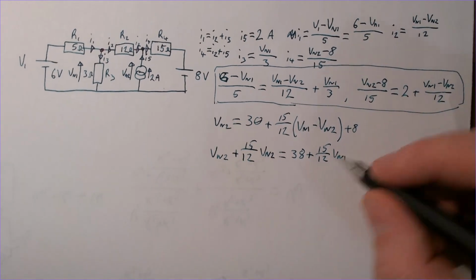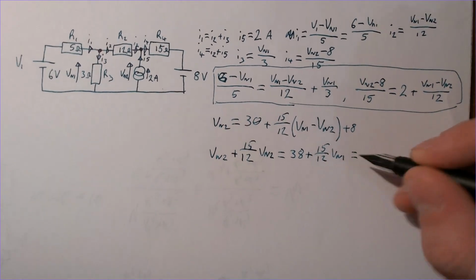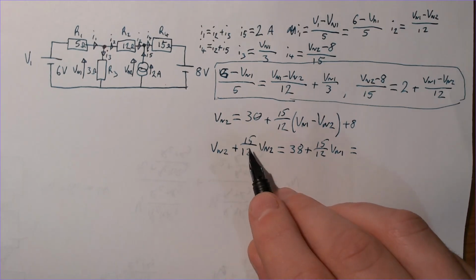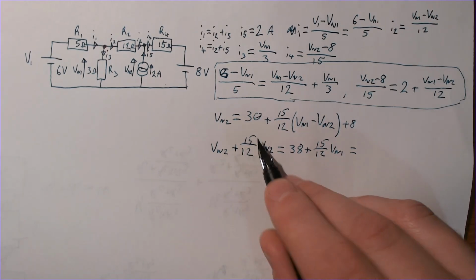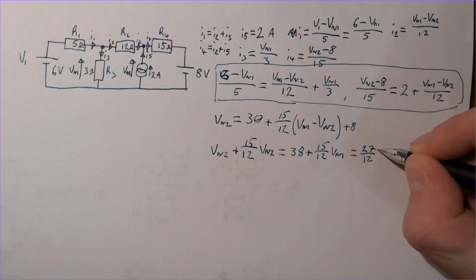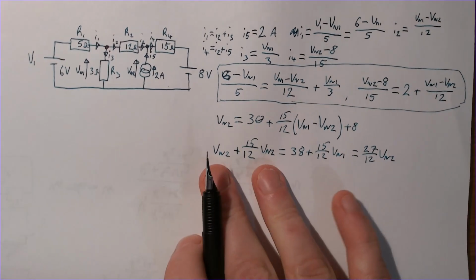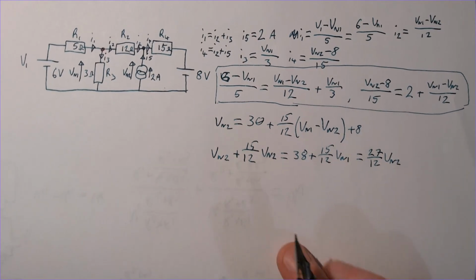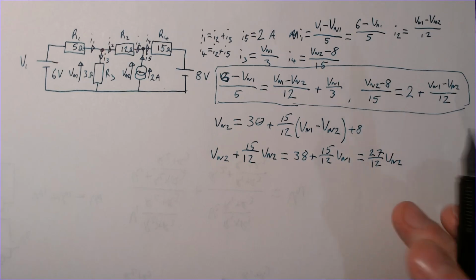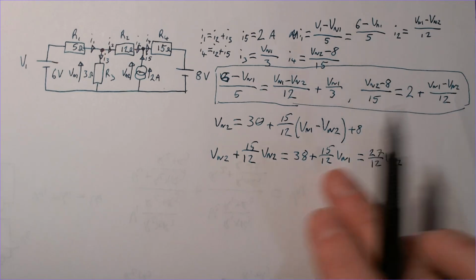Therefore, that also equals 27 over 12 Vn2. Just combine those together and move those.